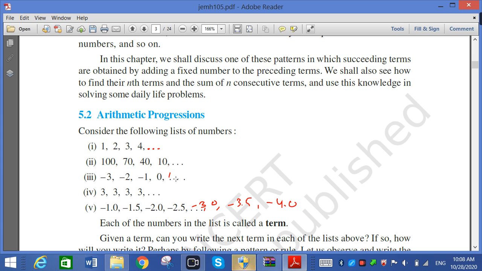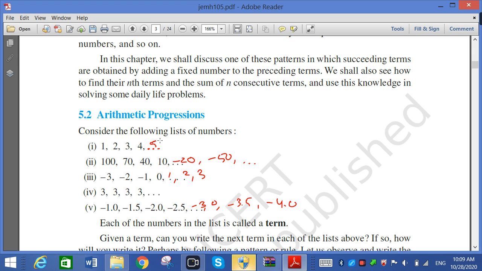Here the difference is minus 30. So if I add minus 30 to 10 we get 70, 70 minus 30 is 40, 40 minus 30 is 10, 10 minus 30 is minus 20, minus 20 minus 30 is minus 50. So that way it is continuing.